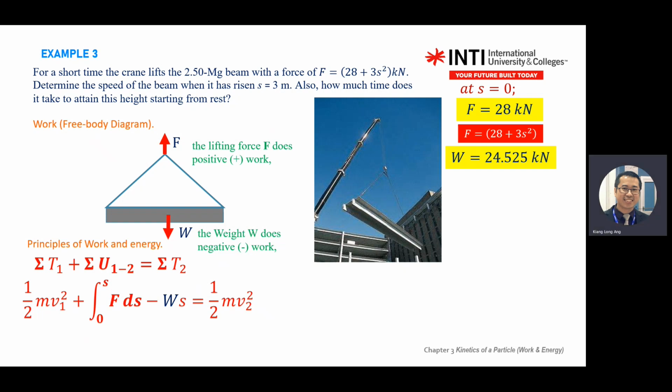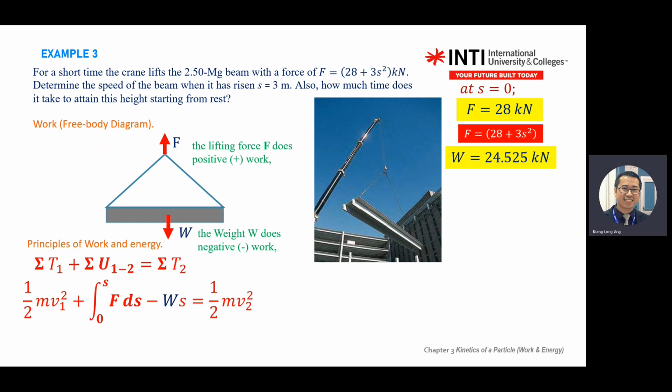Two vectors, same direction, so positive work. But the weight W is pointing down while the object is moving up. Different vectors, so you get negative work. So you have the integral of F ds for the force, and W s, equal to half mv square.